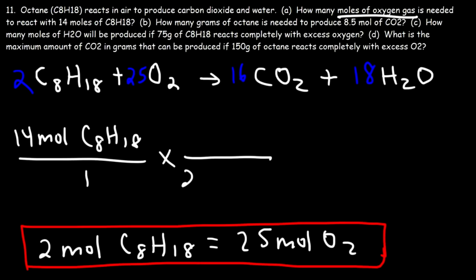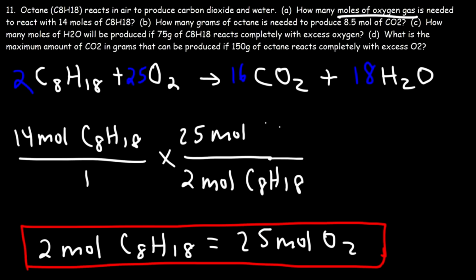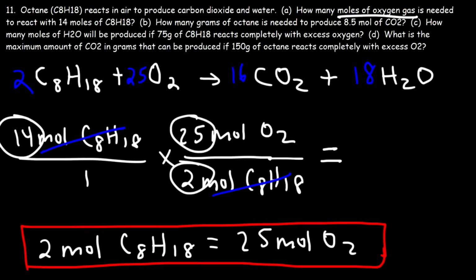This is what we need to go from moles of octane to moles of O2. So on the bottom, we're going to write 2 moles of octane, and on the top of the fraction, we're going to write 25 moles of O2. And this is known as a molar ratio. So now the unit moles of octane will cancel. And so the answer is going to be 14 divided by 2, which is 7, and 7 times 25.